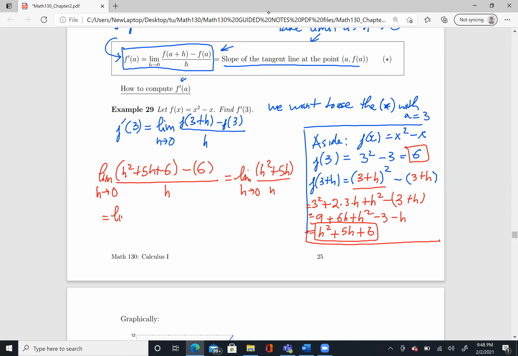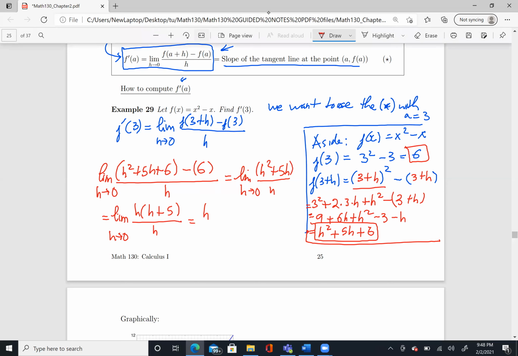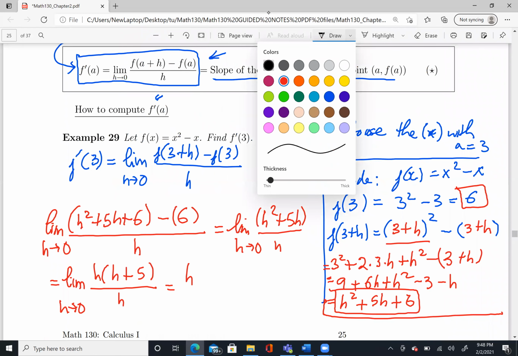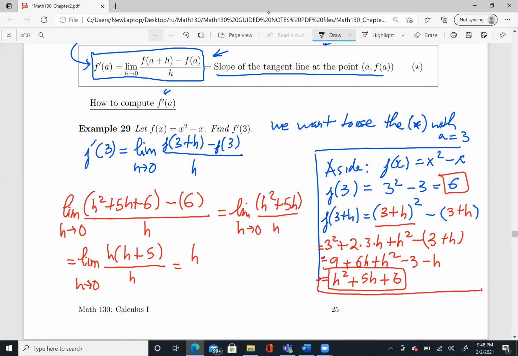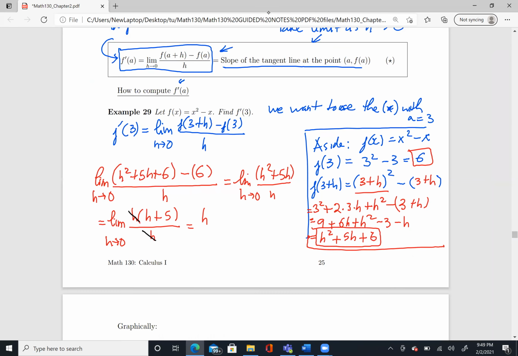So let me have the limit of the top now become h times h plus 5, divided by h, for h going to 0. So now you can cancel the factor h.